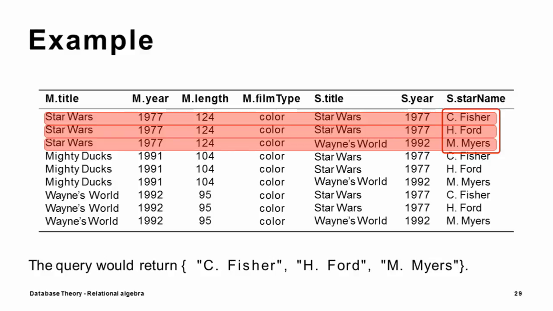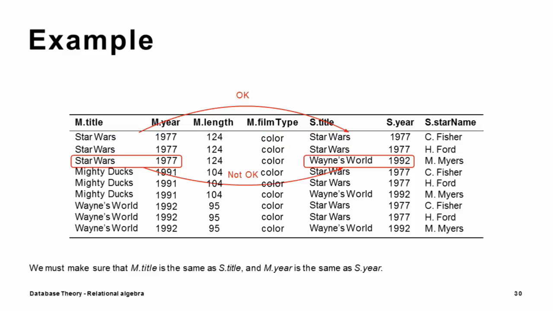We're doing something wrong here. If you look at the titles, well, it seems that the Star Wars title from movies and the title from Stars In, they are not the same. They are not matching. They should.